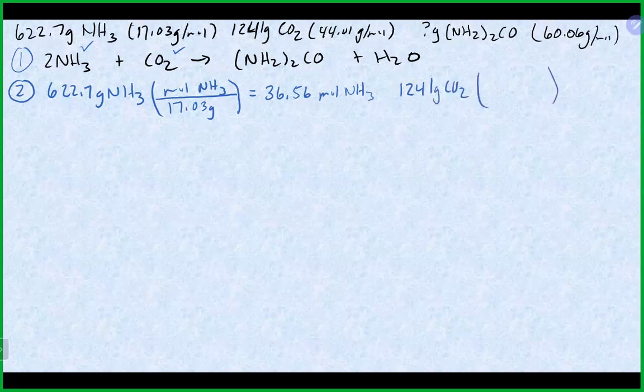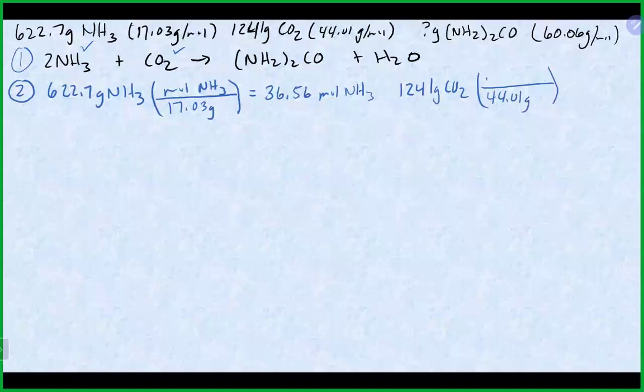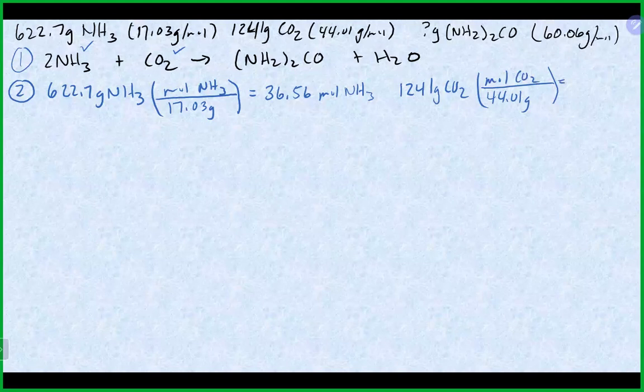They also gave the molar mass of CO2, which you would need to go to the periodic table in most cases and calculate yourself. And that's 44.01. So 1241 divided by 44.01 gives us 28.20 moles of CO2 in this case.